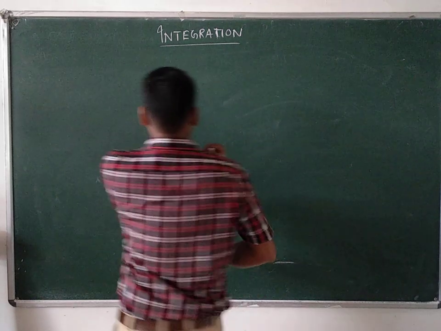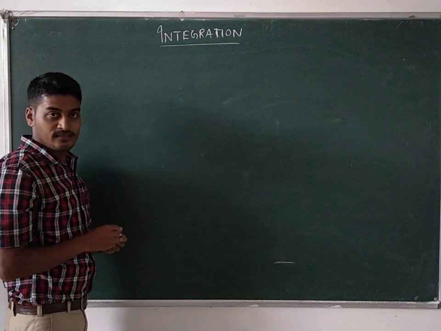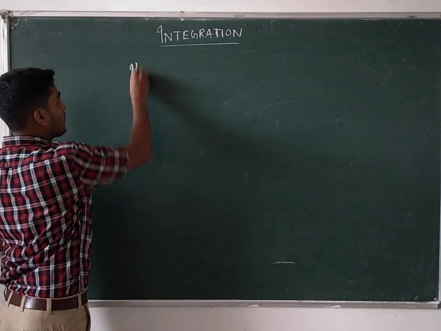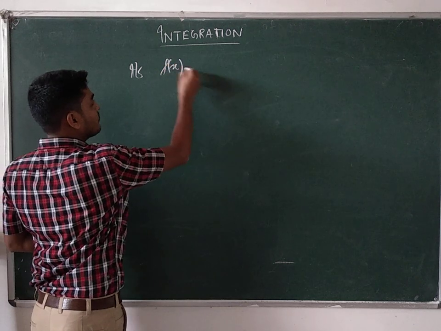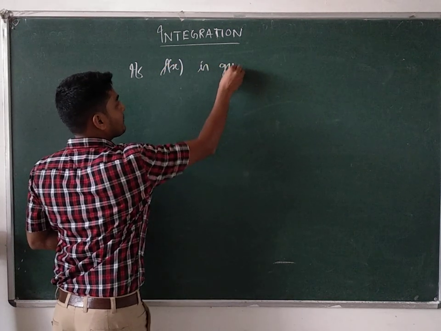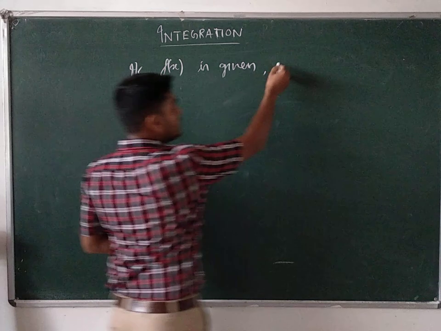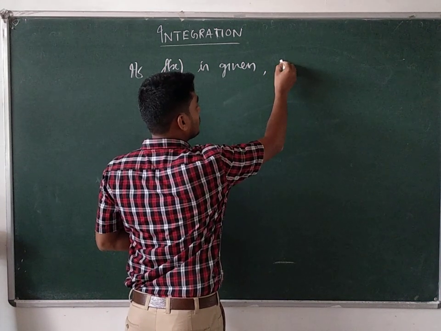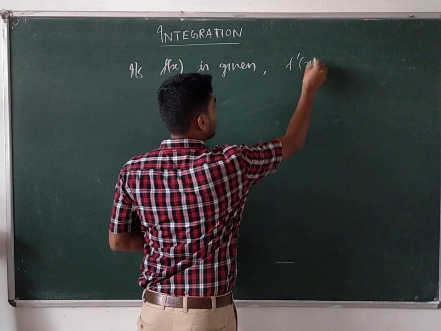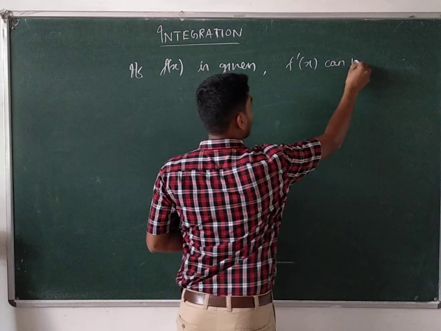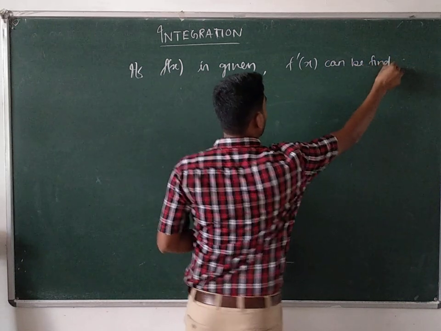That means if a function f of x is given to us, then we can easily find f dash x. Am I correct?